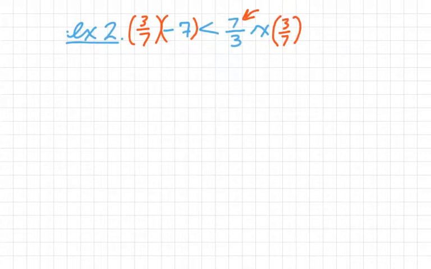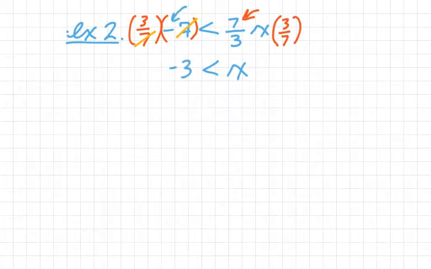You have 21 over 21, which is a 1. So on the right, we have an x. I don't have to flip the inequality because I'm just multiplying by a positive number. And over here, I notice that these 7s cancel out, and I'm left with a negative, right? We can't forget that negative, a negative 3 on the left side.